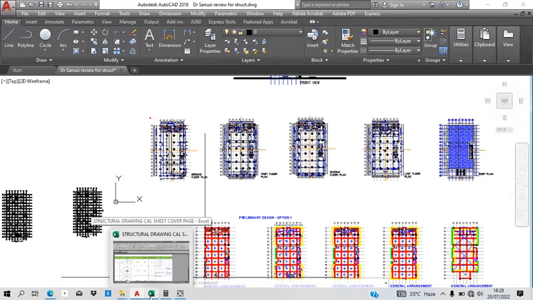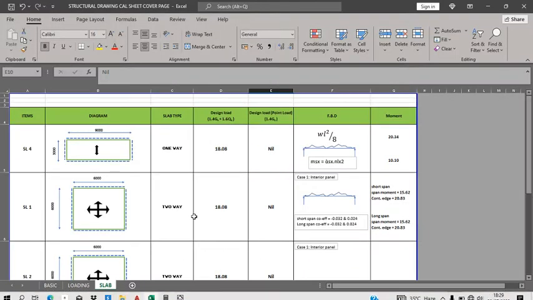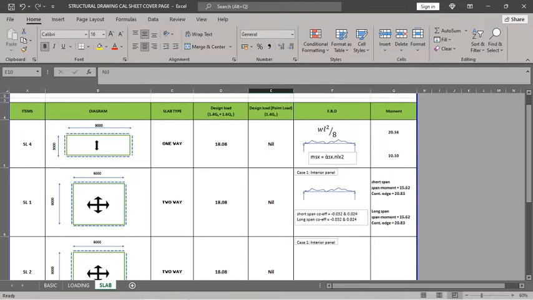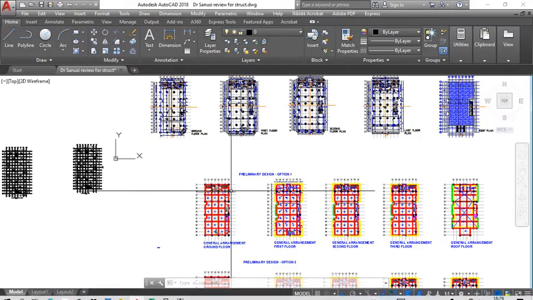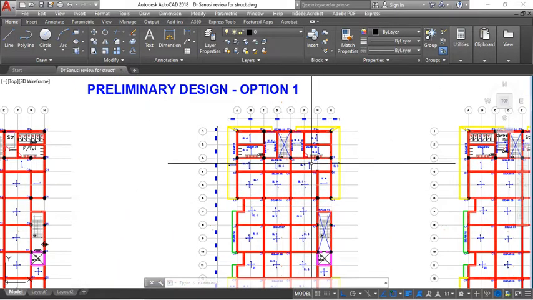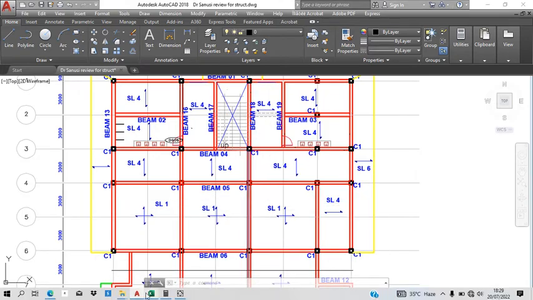Where we stopped last was the slab classification, and I made this Excel sheet for our slabs, and I took some slabs that we will be designing manually out of the slab arrangements that we made. So I took samples from the slab types that we have.